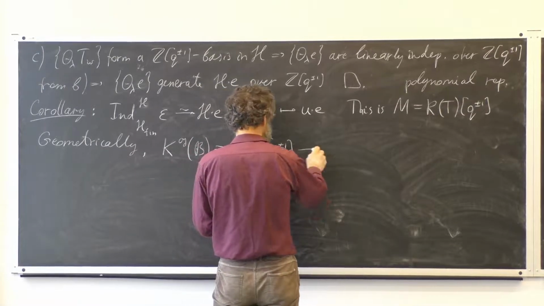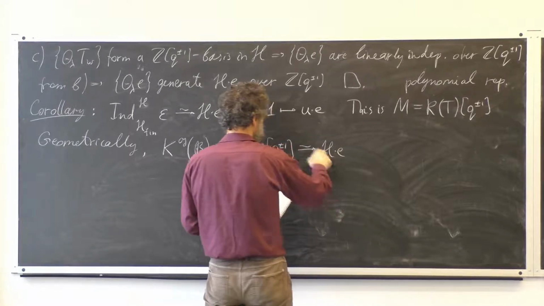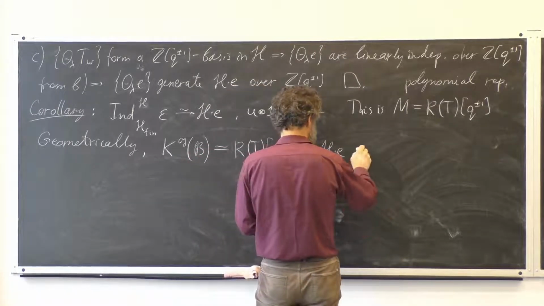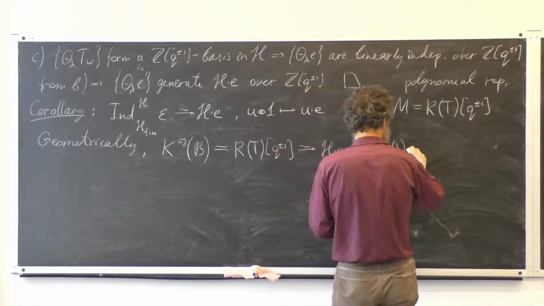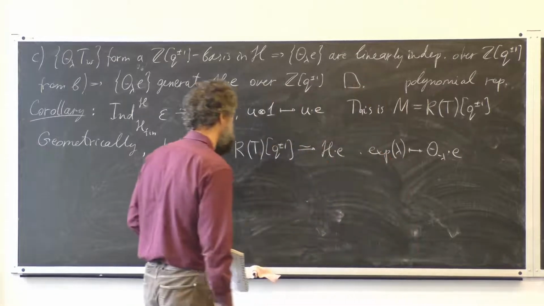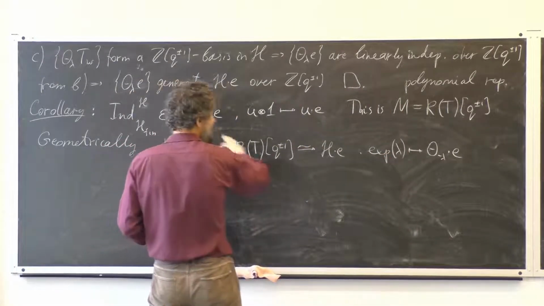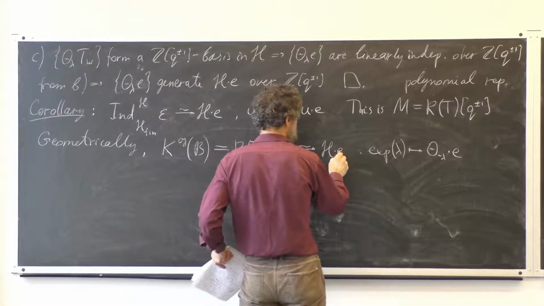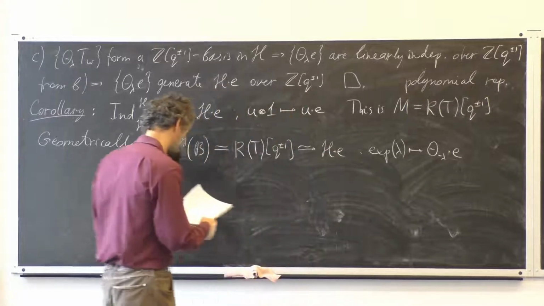And we identified with our induced representation by the exponent of lambda goes to theta minus lambda times e. Okay, in the very beginning, in the definition of psi, there was this negative sign.